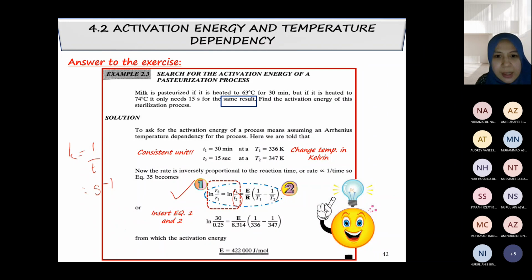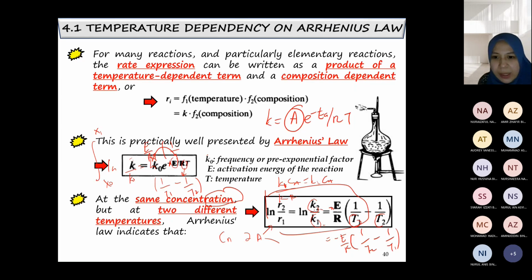So you have to convert it, you can invert it back. That's why earlier this one is K2 over K1. Say 1 over T2 over 1 over T1, so you invert it: 1 over T2 times T1 over 1. That's why you get T1 over T2.